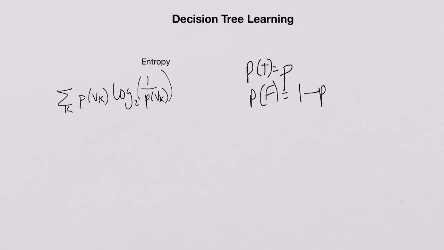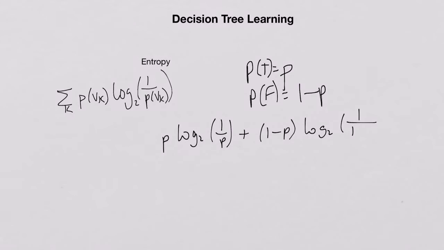If we take this same function, the entropy for this probability would be p times log 2 of 1 over p plus 1 minus p times log 2 of 1 over 1 minus p.